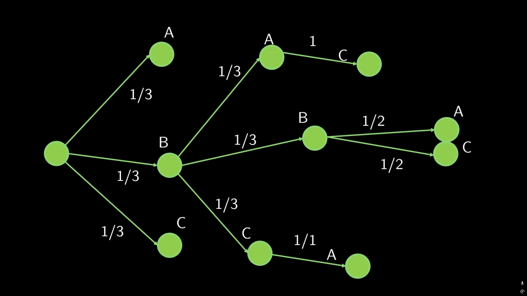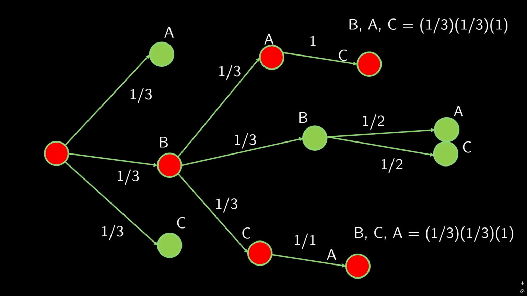Which are the winning sequences of events we care about? Again, it's the ones where they are all different. So for example, we care about the sequence of outcomes BAC. This happens with probability 1/3 times 1/3 times 1, which is 1/9. There's also the sequence of outcomes BCA.